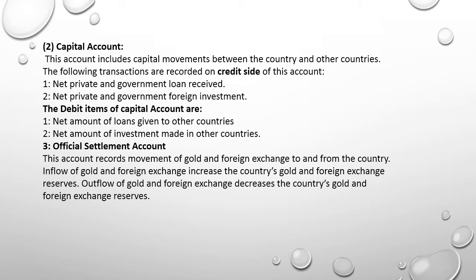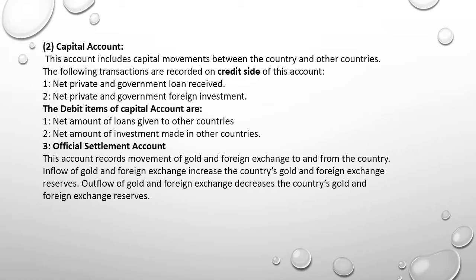When any government makes investment in our country, it brings capital into our country, so this is a credit item. Similarly, when the private sector of other countries, like China, Turkey, etc., come and invest in Pakistan, they bring capital in Pakistan. So this is a credit item.